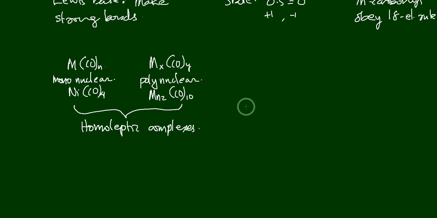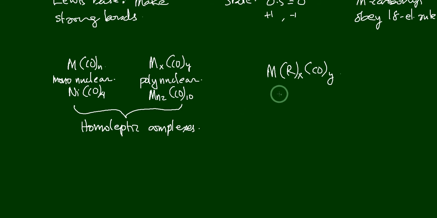And there are other carbonyls also, meaning that sometimes there can be a mixture of ligands. More than one type of ligand may be present in the metal carbonyl. For example, it is like M(R)x(CO)y. Sometimes the carbonyl may be like this.